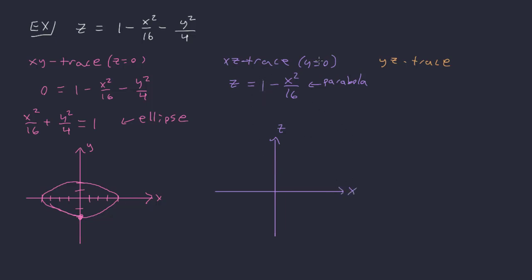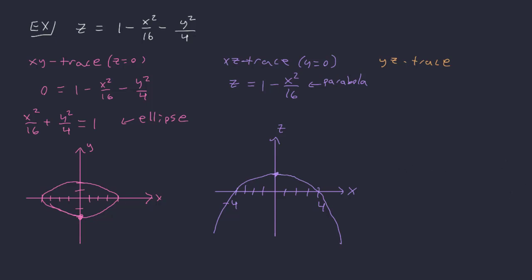And x-intercepts, well, the x-intercept should be negative 4 and positive 4, because if we put in plus or minus 4 here, we'll get 0. So we should have x-intercepts negative 4 and 4, and z-intercept 1. So it should be a fairly shallow parabola, which makes sense because we're putting a 1 over 16 in front of our x squared.